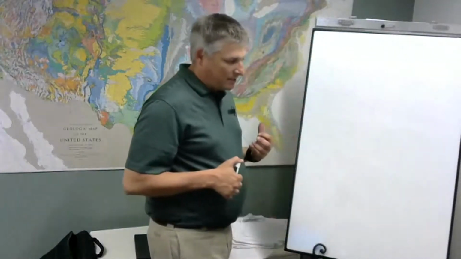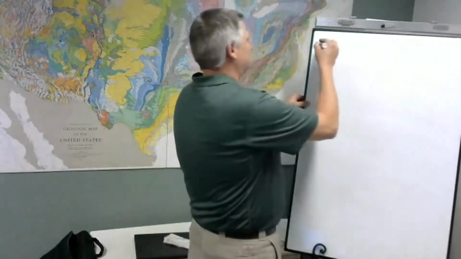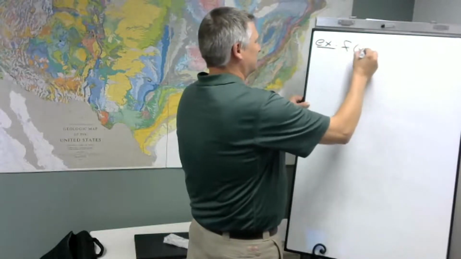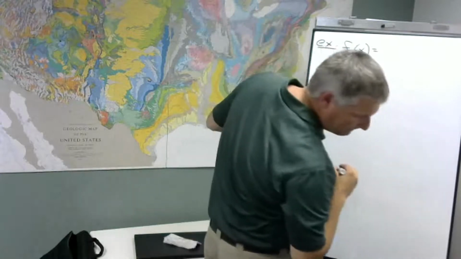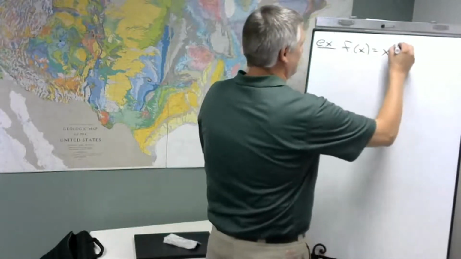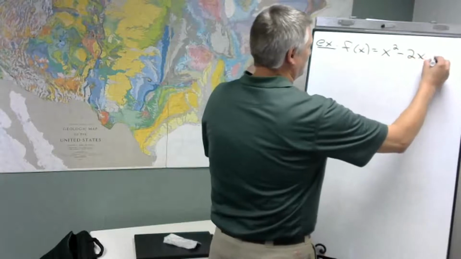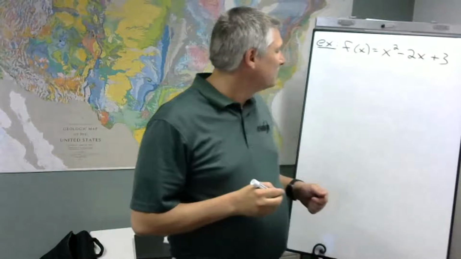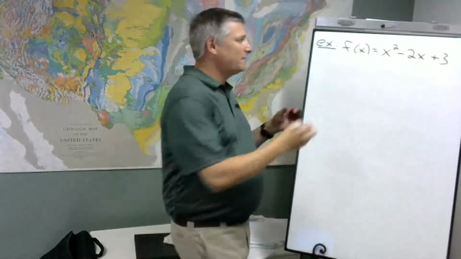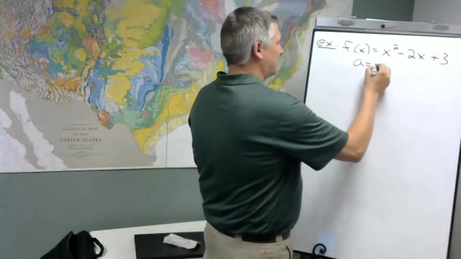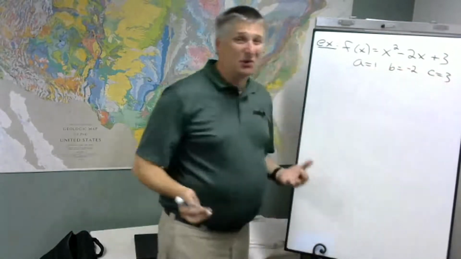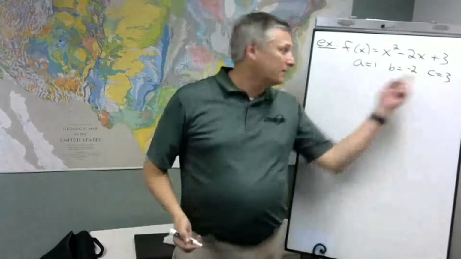So something we might be asked to do is graph one of these. So let's say we have something like this. Well, first off, we can identify A, B, and C. Well, we don't really need to know C, but for completeness sake, we'll put it up there.